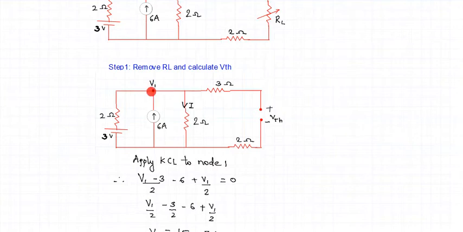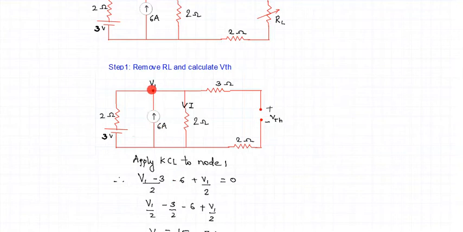For the first branch it is V1 minus 3 by 2. There is one more voltage source here, so we need to take the potential difference between them. So V1 minus 3 by 2. There is a current in the second branch. As we assume all the currents to be outgoing currents when we apply nodal analysis, this particular current needs to be considered with a minus sign since it's an incoming current.